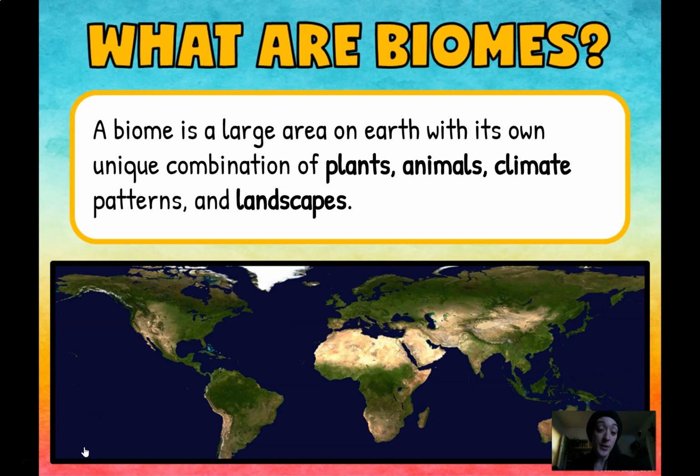So, scientists don't always agree on how many biomes there are on Earth. As you can imagine, sometimes it gets hard to distinguish between biomes, right? There's not really hard lines in between different biomes. There's some gray areas where maybe a forest kind of looks a little bit like a grassland, or maybe a tundra kind of looks a little bit like a forest.